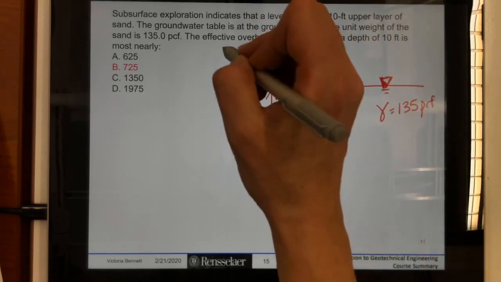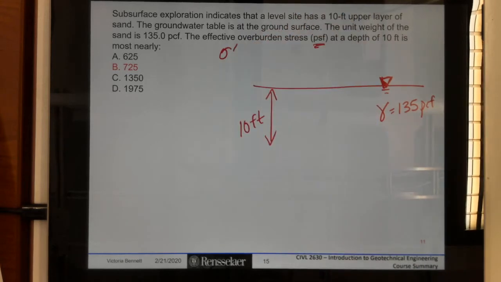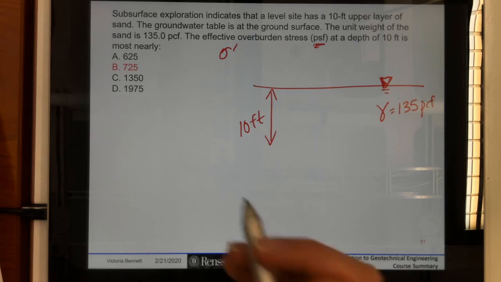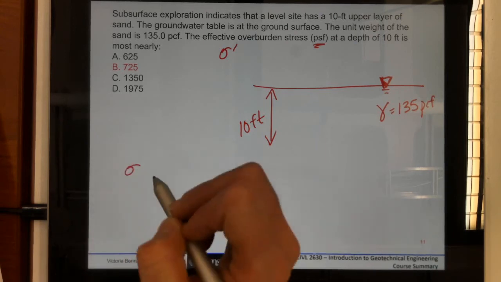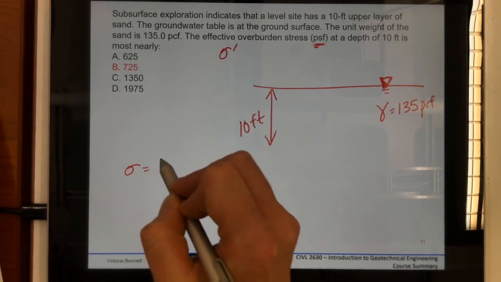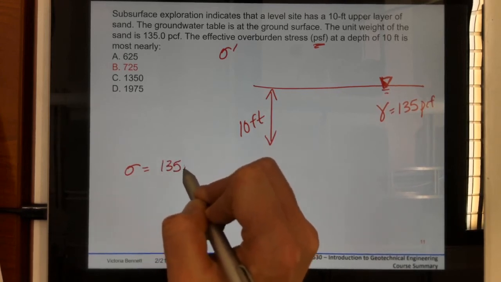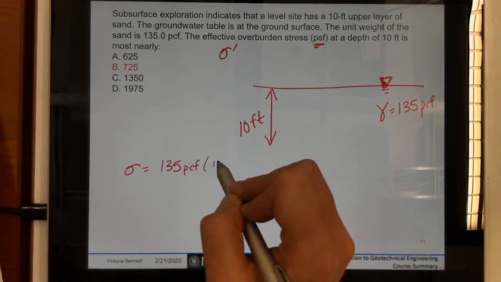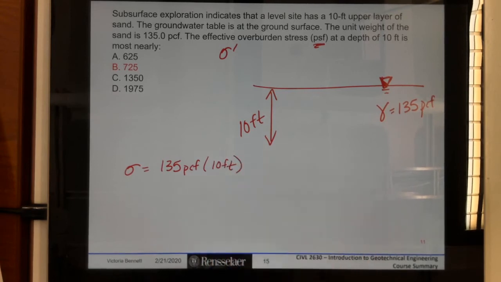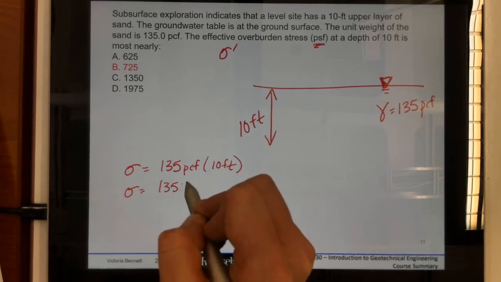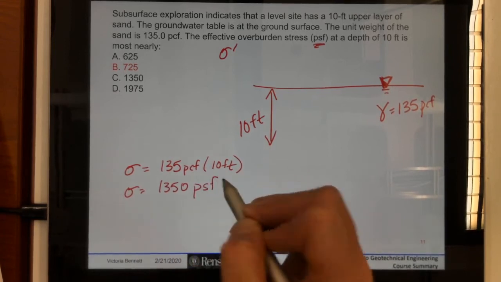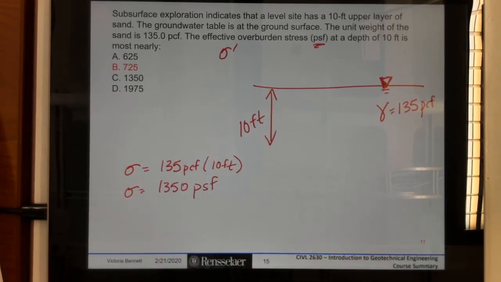So effective overburden stress is sigma prime. Usually we would find total stress first. And pounds per cubic foot times feet gives us pounds per square foot, so that's good.